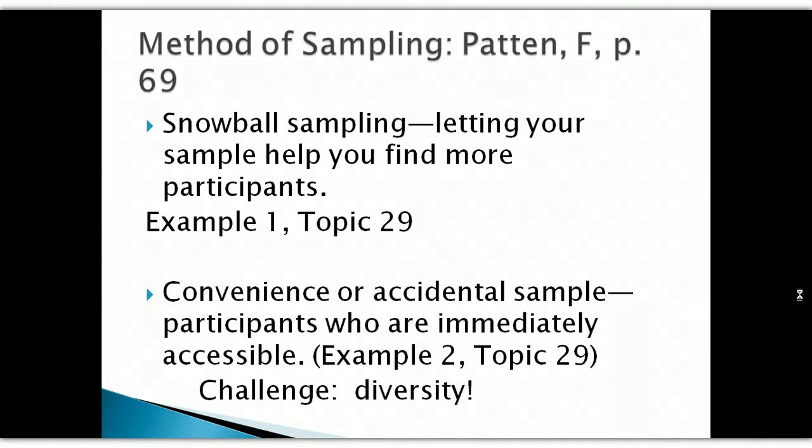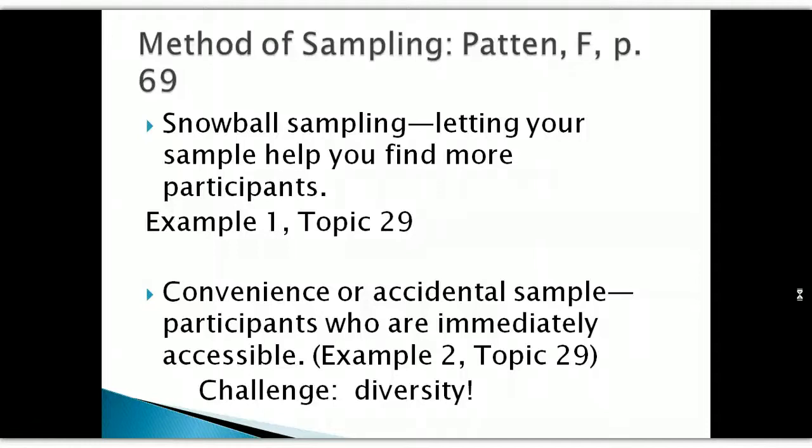Another method of sampling, this is the method I've used most often and that you may find useful, especially for qualitative research, and that's snowball sampling. Snowball sampling is not having a data list or a preset resource to go to begin with to find your participants.